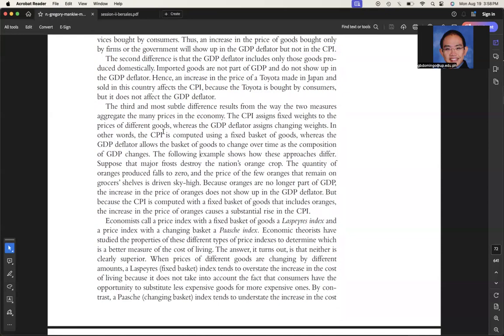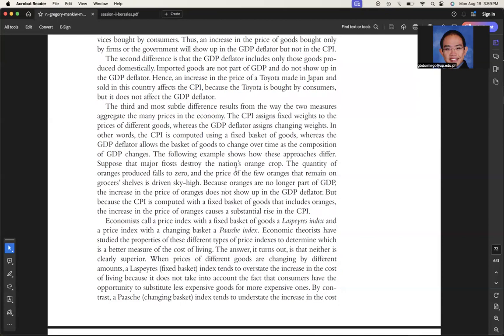So the GDP deflator, or any index that allows for changing quantity weights, might be better. However, even the GDP deflator has its own flaws. Even as it allows the basket of goods to change over time, the GDP deflator might understate the actual welfare costs of inflation.